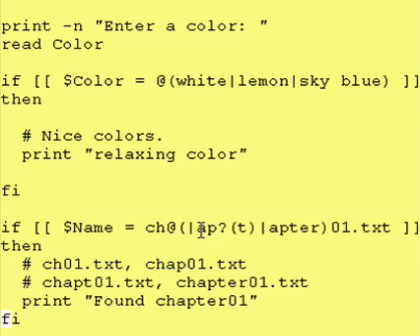And now the middle one. This one says, this choice right here, our AP is required, and as you remember from the last lesson, question mark means optional. Question mark followed by parentheses means optional. And what is inside the parentheses? Well, a T. So that will be CHAP followed by an optional T, and then a required 01.txt.